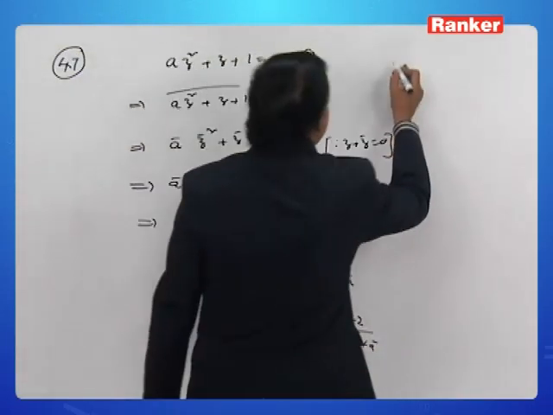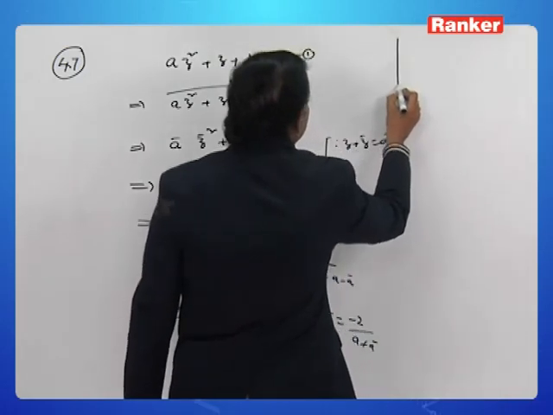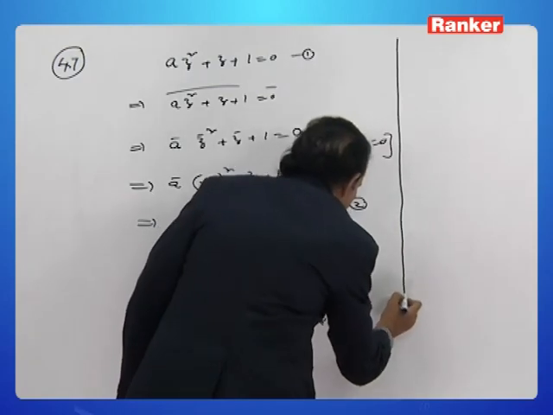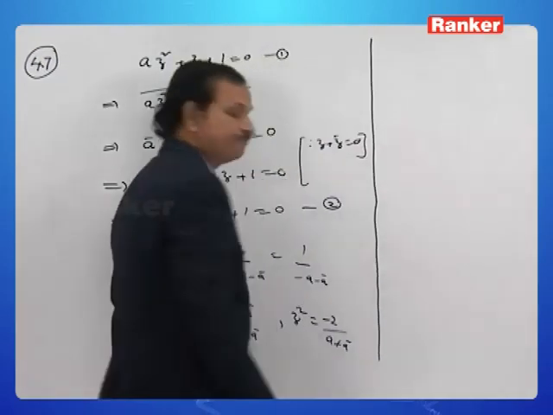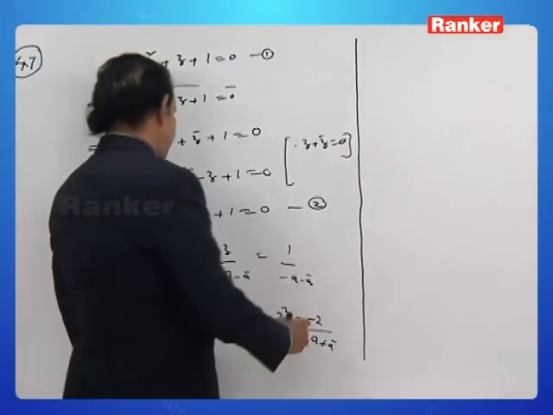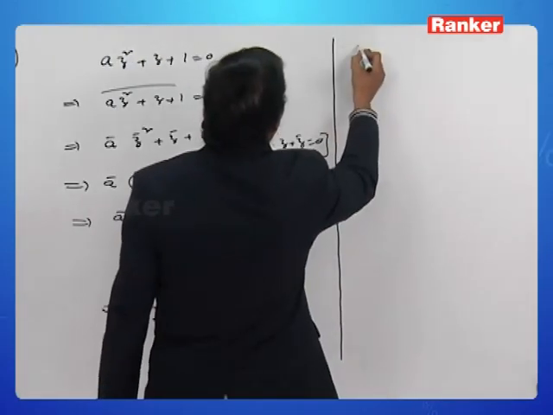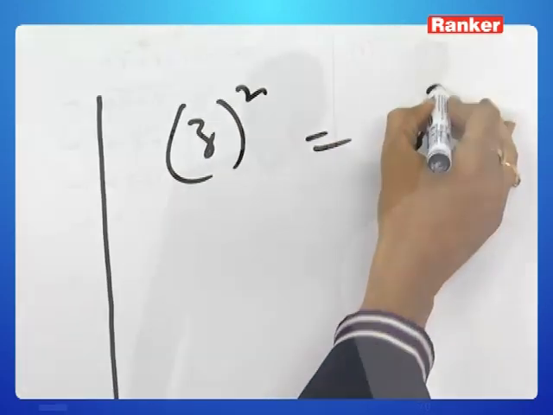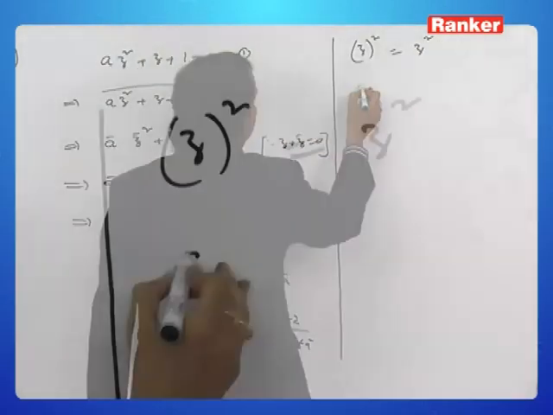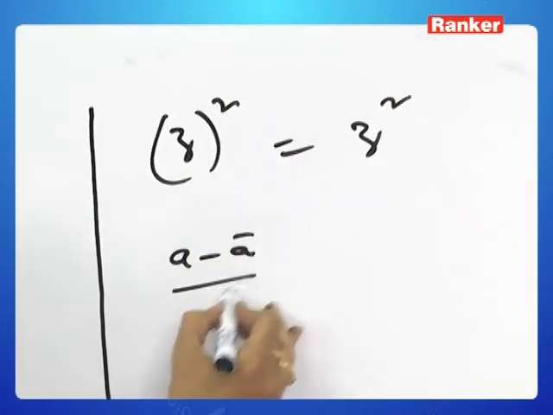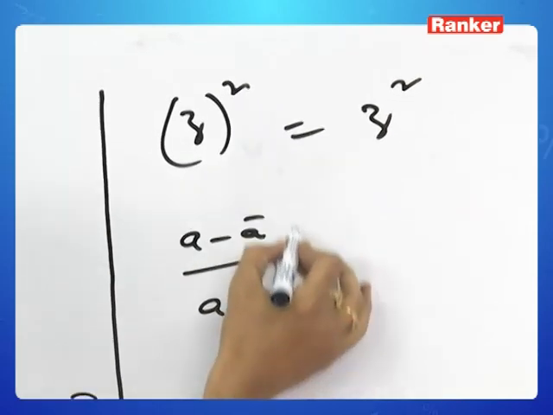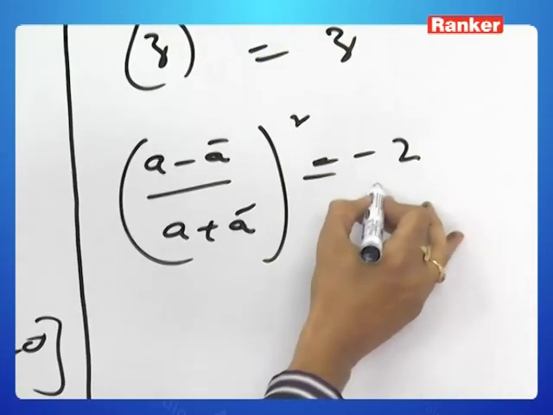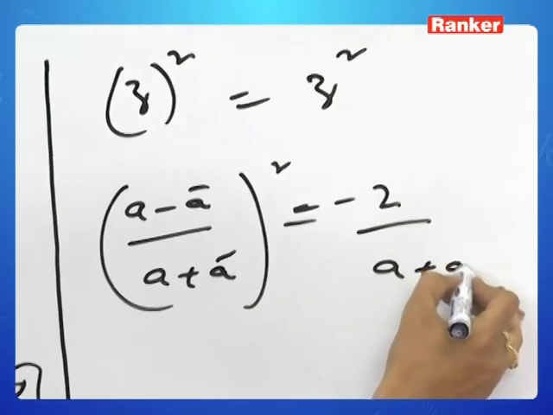Now let me eliminate z. z whole square is equal to z square. That is, a minus a bar by a plus a bar whole square is equal to minus 2 by a plus a bar.